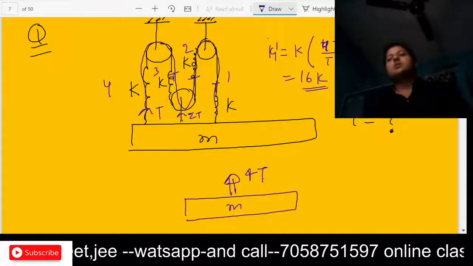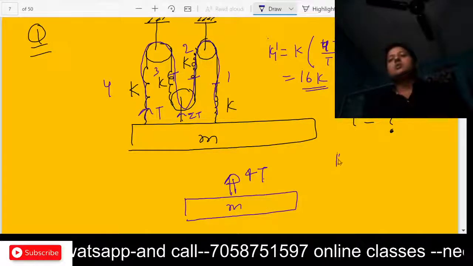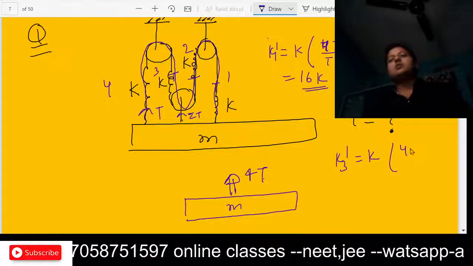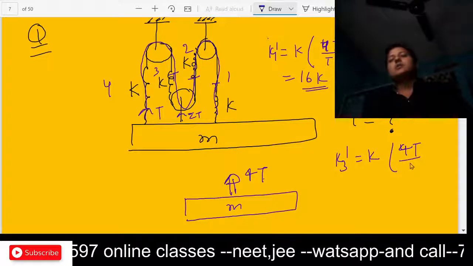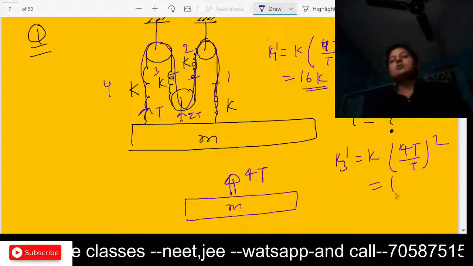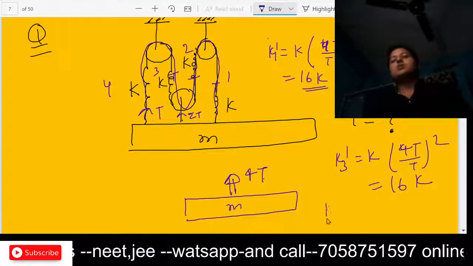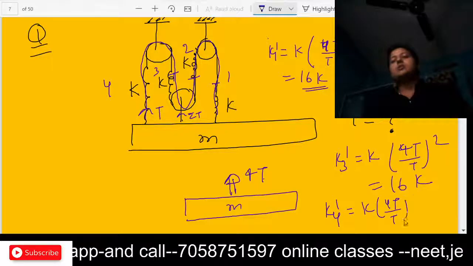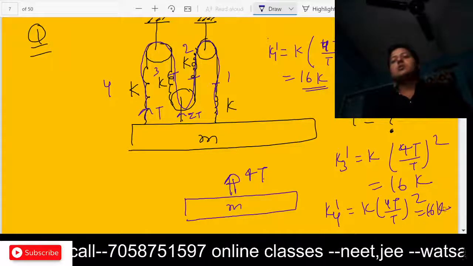That is 16K also. What is K3 dash? K3 dash is K times tension in mass over tension in a spring, whole square, 16K. What is K4 dash? K times tension in mass over tension in a spring, whole square, 16K.